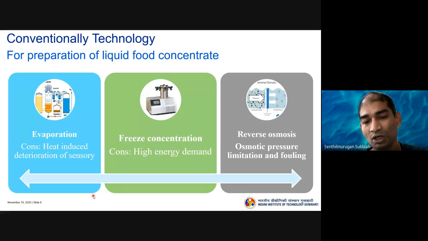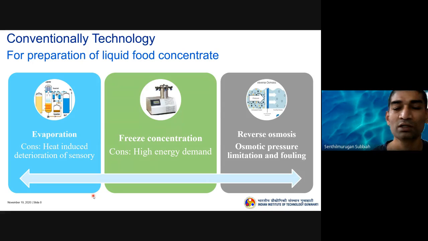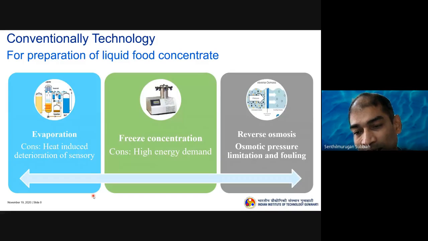When we have highly concentrated juice, the osmotic pressure becomes a limiting factor to push the water from the juice to the other side, because the pressure requirement for reverse osmosis will be very high, and designing components that can withstand such high pressure is a limiting factor.